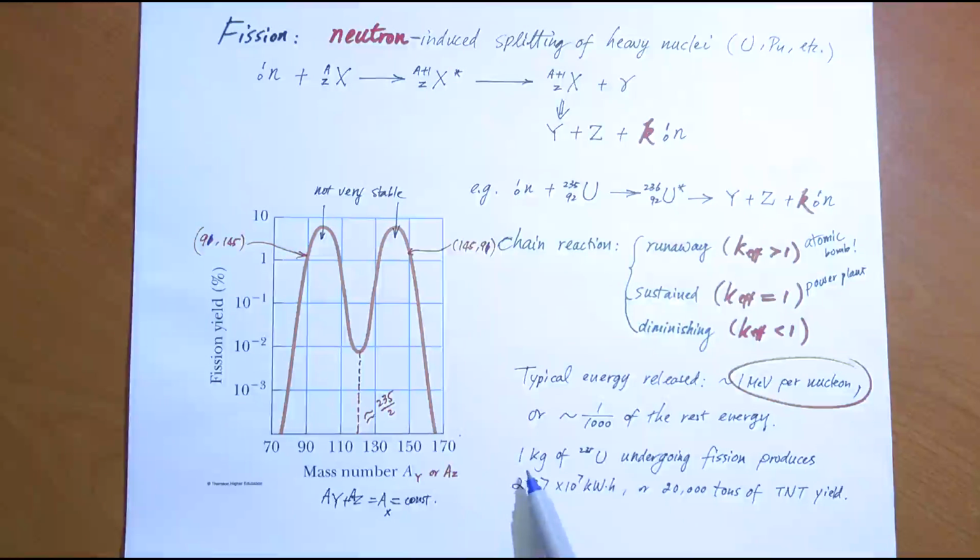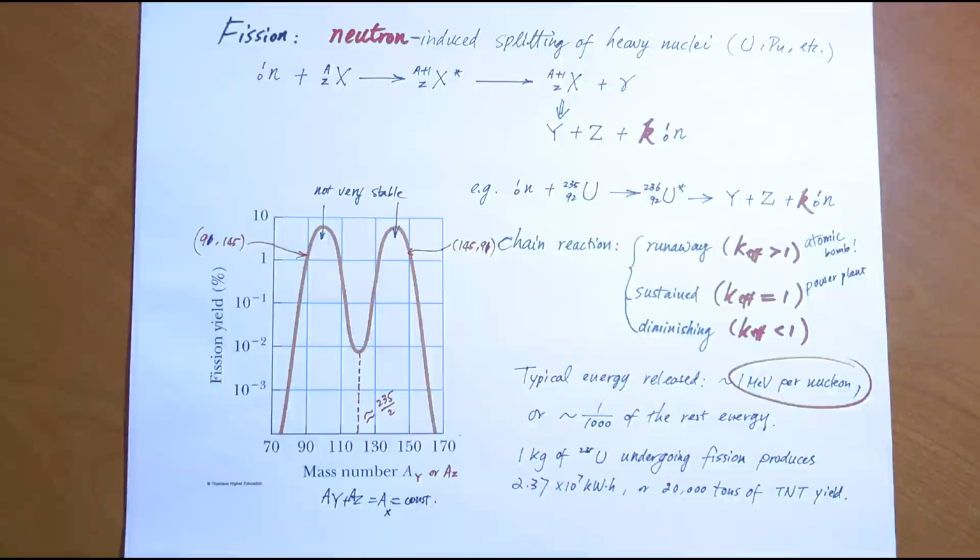And here is a numerical example. 1 kilogram of uranium-235 undergoing fission, completely converted into energy, is going to produce 23.7 million kilowatt hours, or 20,000 tons of TNT yield. TNT is a type of high explosive, whose yield equivalent we'll talk about in a minute. So 1 kilogram of uranium-235 is equivalent to 20,000 tons of conventional explosive.